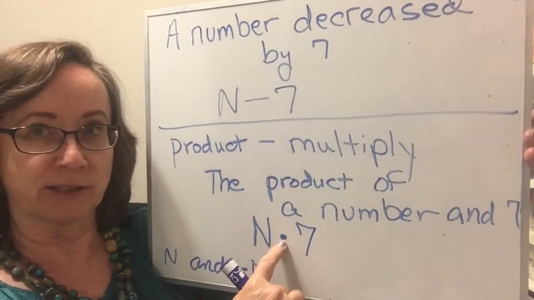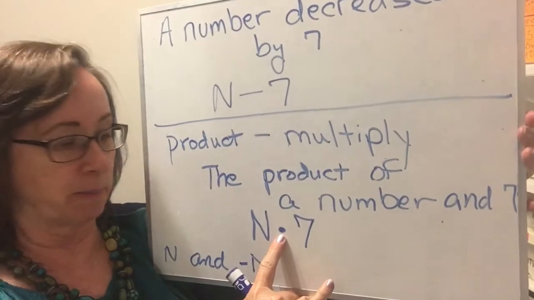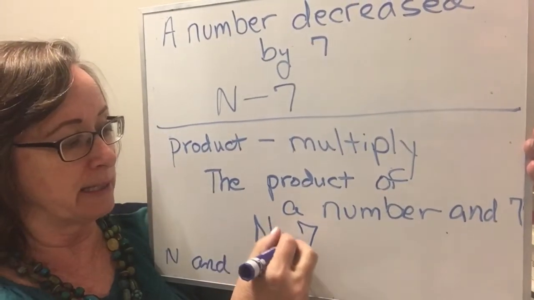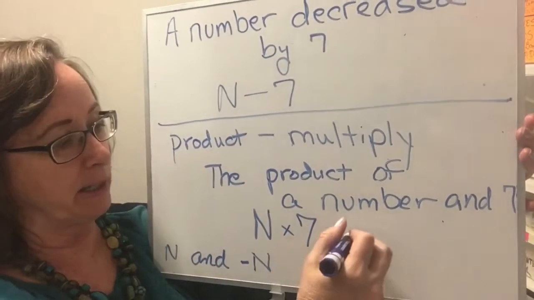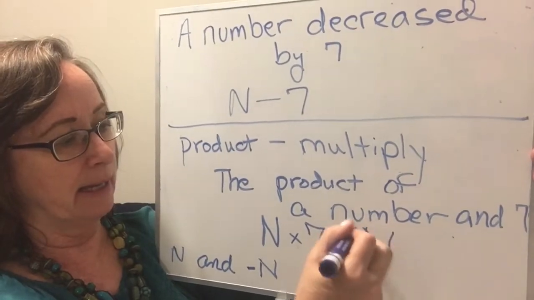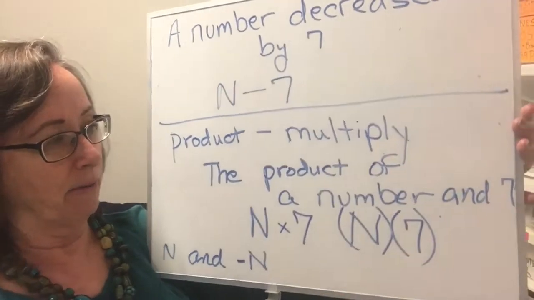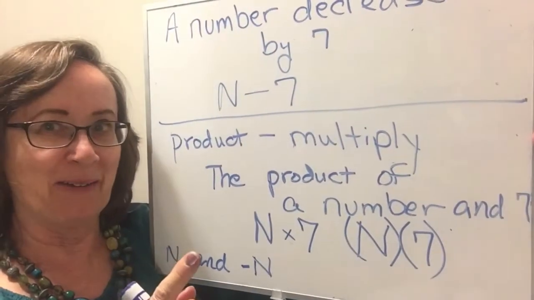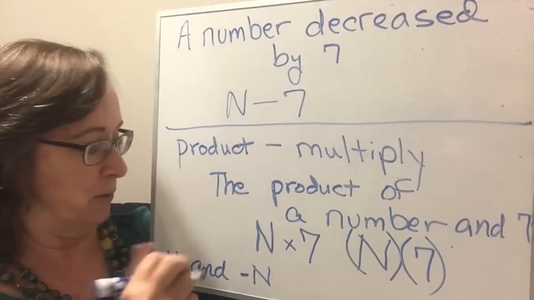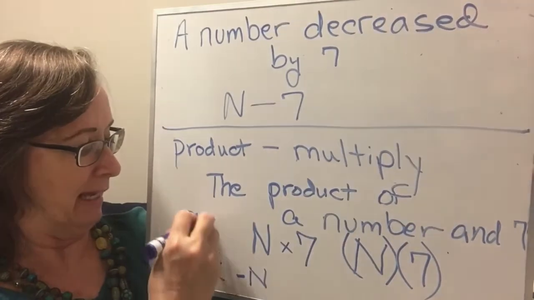Now remember that little dot we can use for multiply, or we could use the times sign, or we could use n times 7. Okay, but we can always simplify it to 7n.